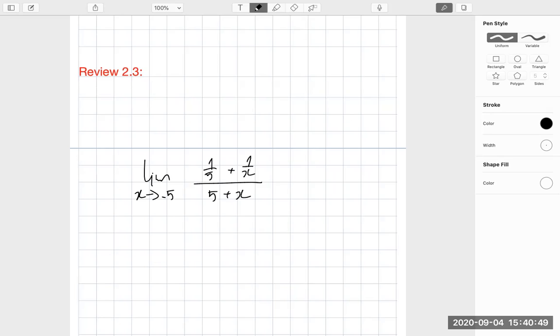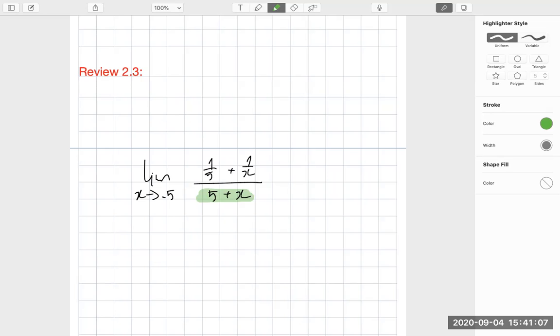First, we see that when x approaches -5, the denominator approaches 0, right? At this point, it is not defined.